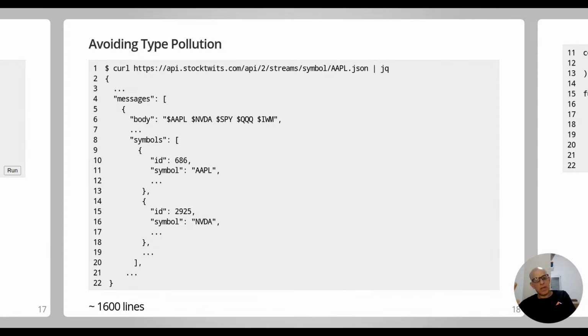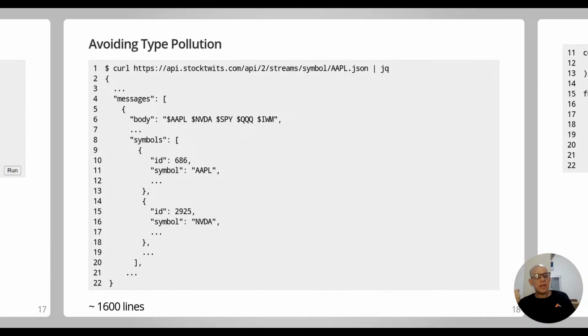So someone said, I bought Apple and also Nvidia and also IBM. So the symbols are going to be Apple, then Nvidia and maybe IBM. And I want to parse that JSON message. If you try to mimic the whole JSON message in structs, you're going to have a lot of types. There's going to be a type message and a type symbol, and many, many other things inside.